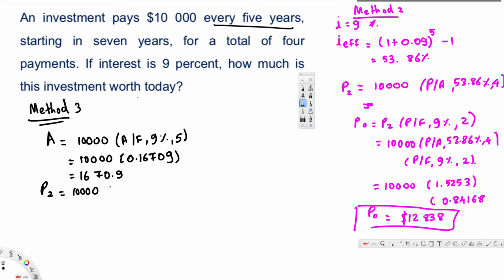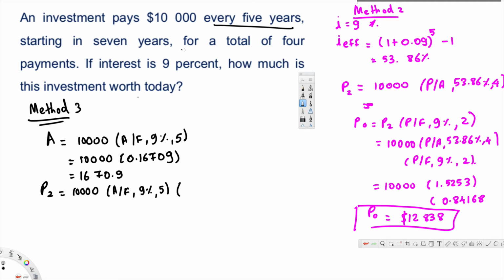Then P2 is 10,000 times A over F at 9% every 5 years, with 4 payments. So 7 plus 5 is 12, 12 plus 5 is 17, 17 plus 5 is 22.